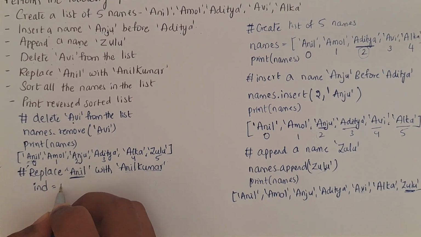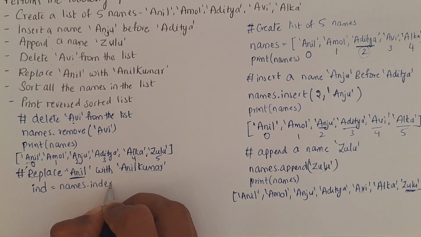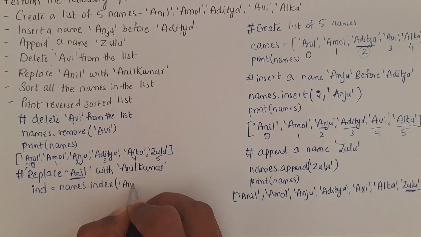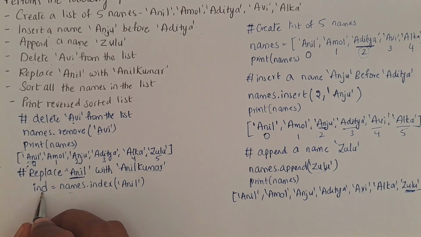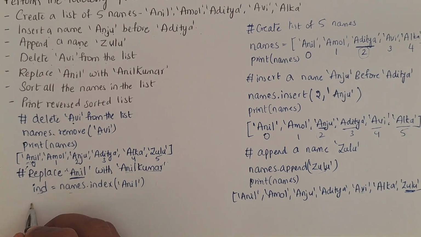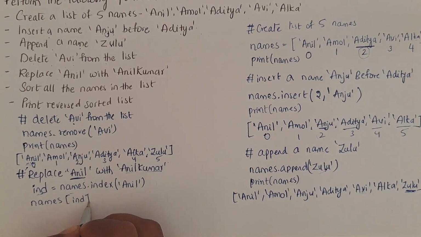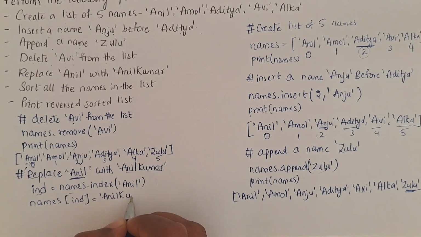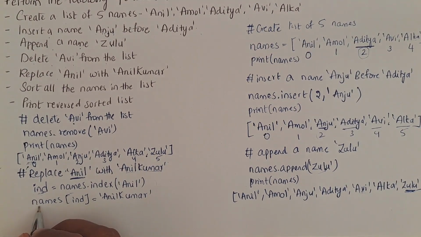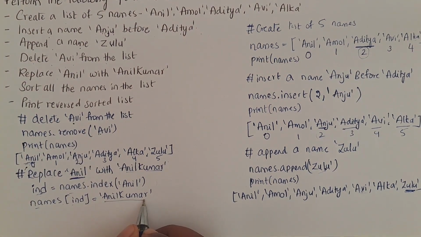index is equal to names dot index. The index function will return the index of the particular item. I am giving it as Anil, so this statement will return the index of Anil. That means this variable index will store 0. Now I am writing names of index is equal to the string Anil Kumar. Here names of 0, that means this Anil will be replaced with Anil Kumar.